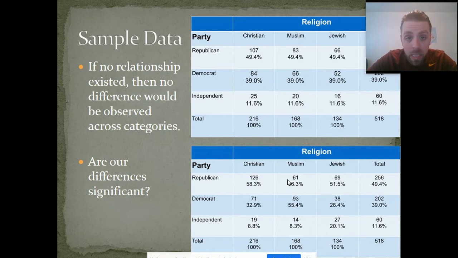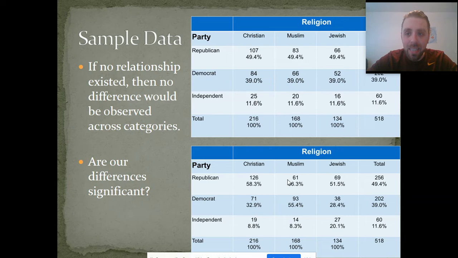If there was no relationship, I would expect 39% of all Christians to be Democrats because that's what the total marginal is. In fact, what I actually see is 32.9%. And looking at the bottom, I would expect that 11.6% of Christians were independent, assuming no relationship between the 2 variables. But what I actually see is 8.8%. So we have some differences.